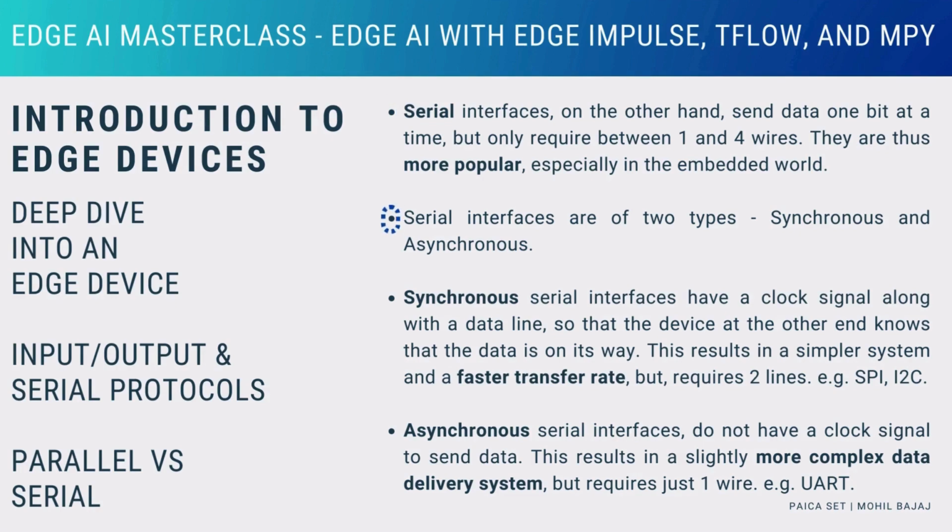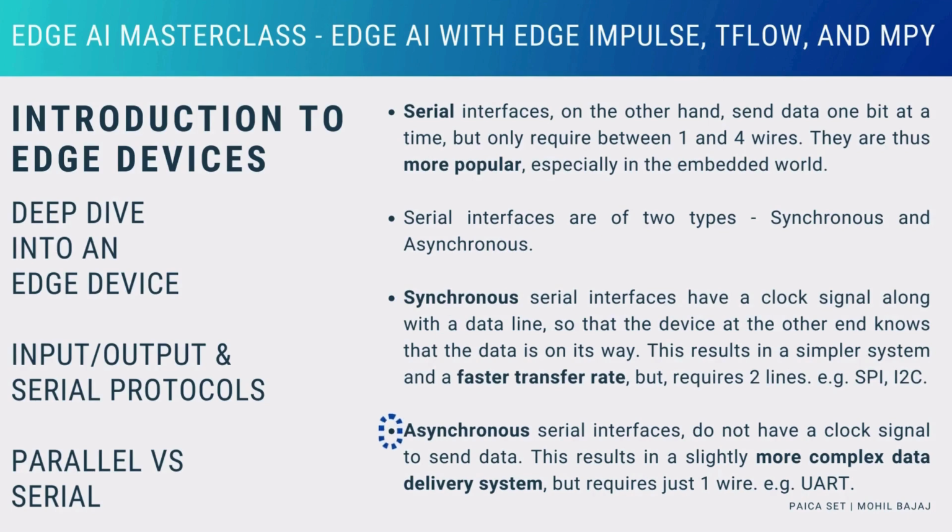Serial protocols come in two types: synchronous and asynchronous. Synchronous serial communication uses a clock signal to synchronize the timing between the sender and the receiver. This ensures that both the devices are aligned on timing when sending and receiving data. This is efficient, but requires both systems to maintain precise timing, which adds to the complexity.